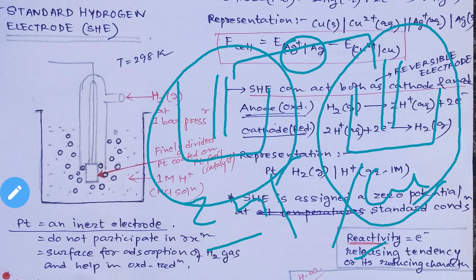Okay, and we can find out the change in the potential difference, right? That you agree. But if individually we want to find out the electrode potential of any one half cell, okay, individually, then it is not possible for us to do that.